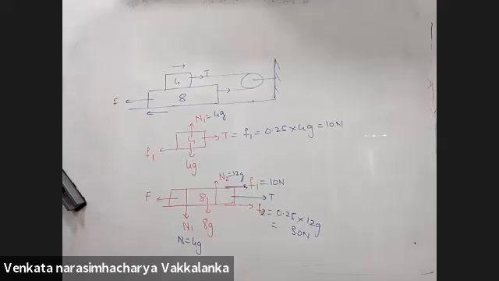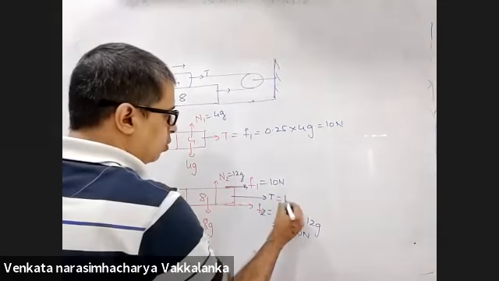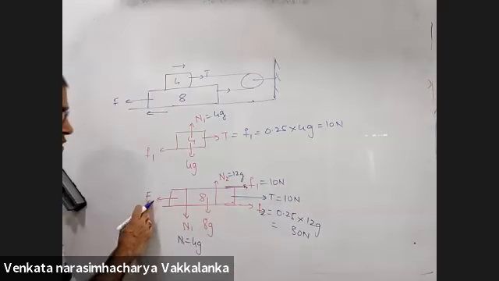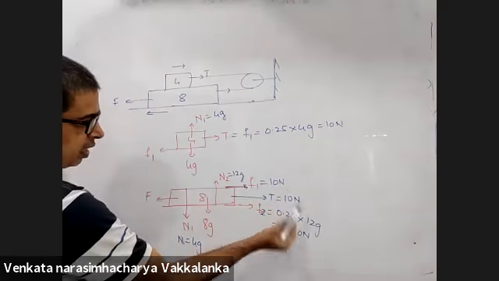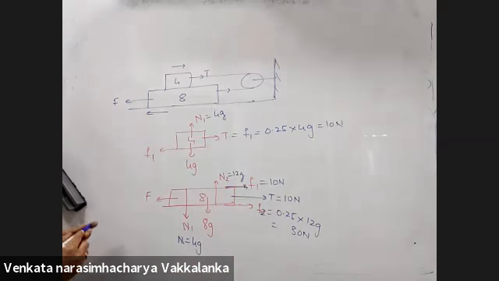And T is equal to 10 Newton. So the force to be applied is 10 plus 10 plus 30, 50 Newton, for the blocks to be moving with uniform speed.